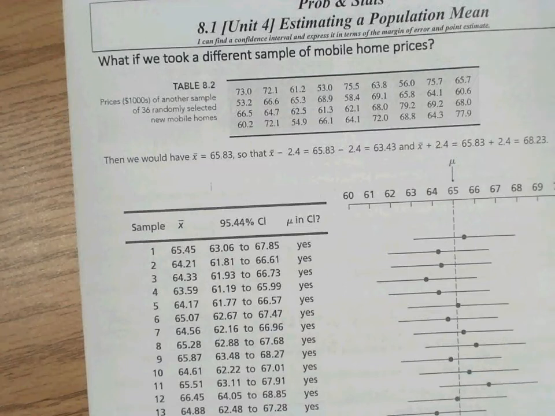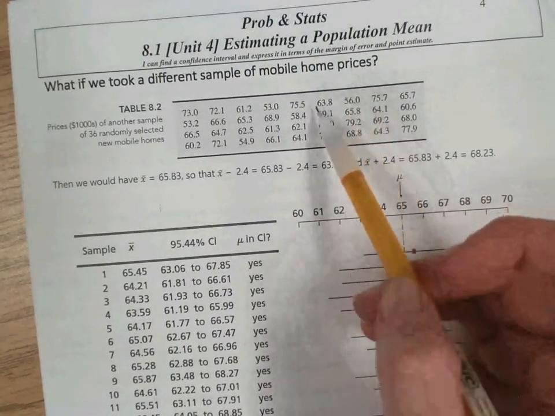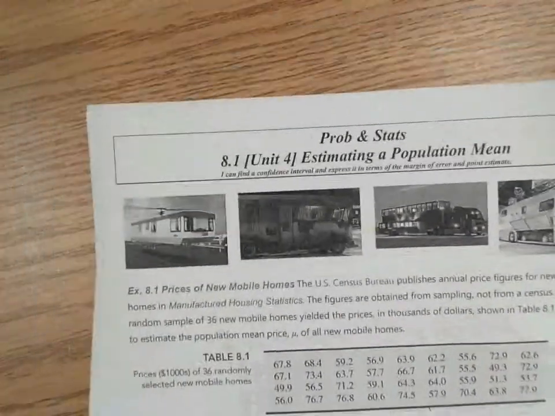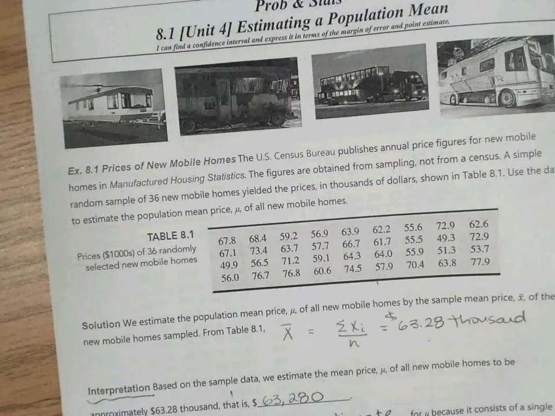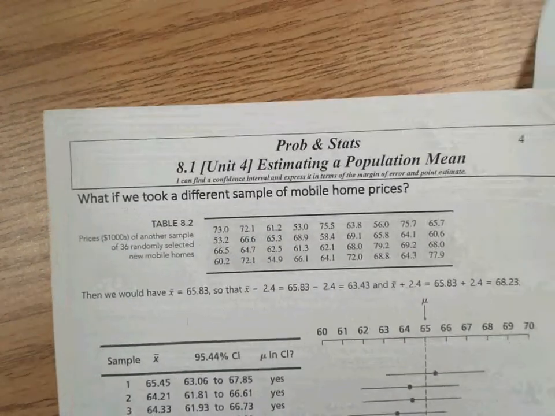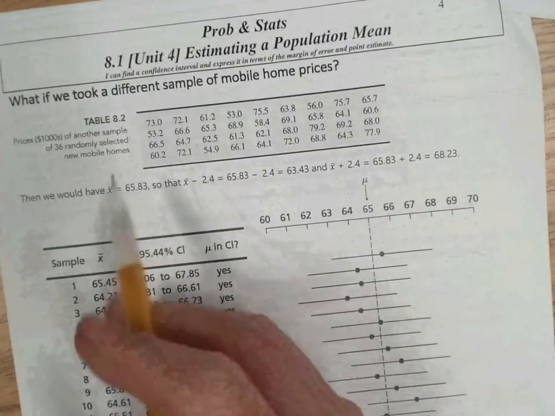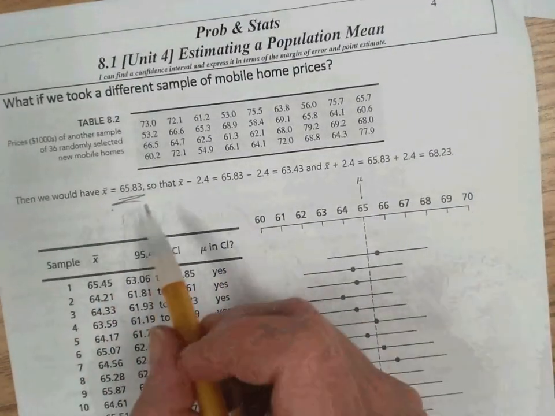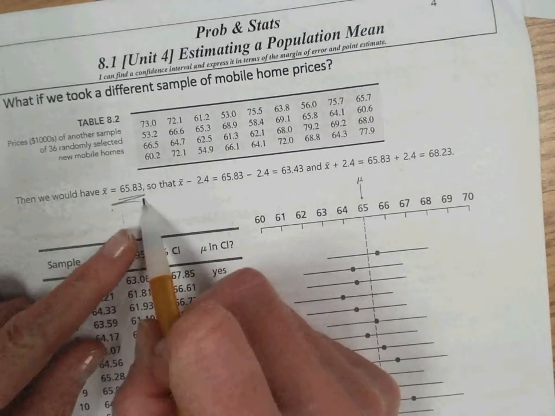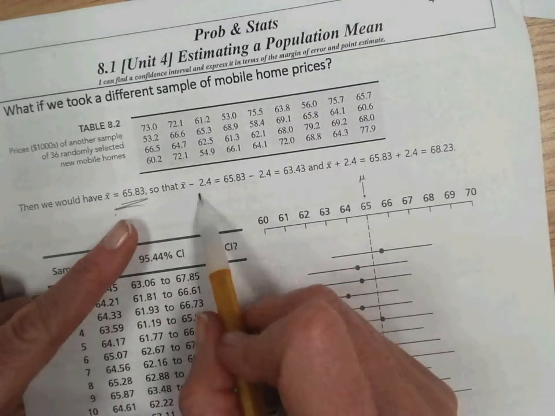Last page. What if we took a different sample of mobile home prices? So of all of the mobile home prices from our example, from the manufactured housing statistics, if we took another sample of size 36, different values here, calculated the mean, it's already done for us, thankfully, 65.83, so that's a slightly larger point estimate than in our first example.